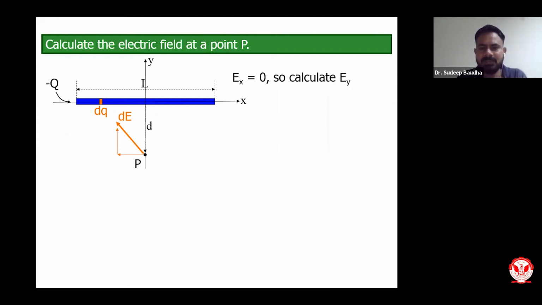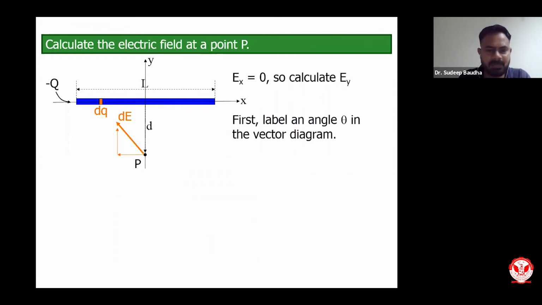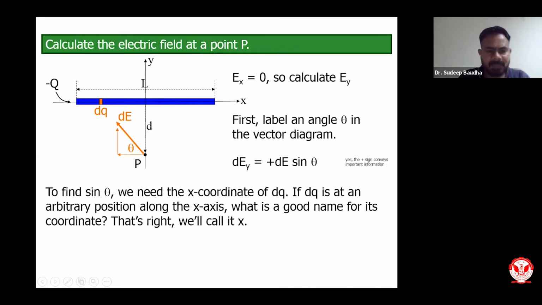So if Ex equals 0, we can calculate Ey. First label an angle theta in the vector diagram. So let me label an angle theta. Now from theta, we can write dEy equals plus dE sine theta. Please remember, this is the angle theta, and I can write the Ey component as plus dE sine theta. To find sine theta, we need the x coordinate of dq.